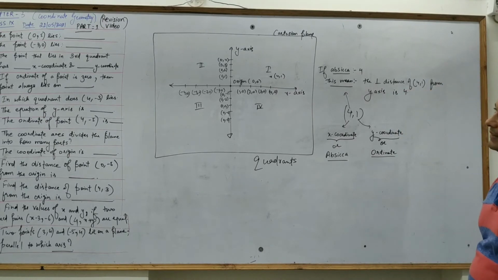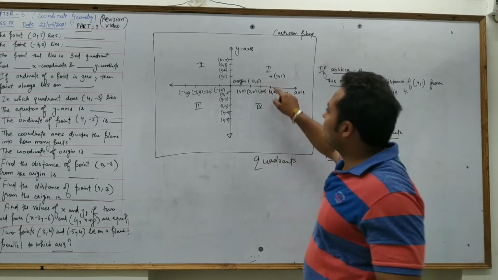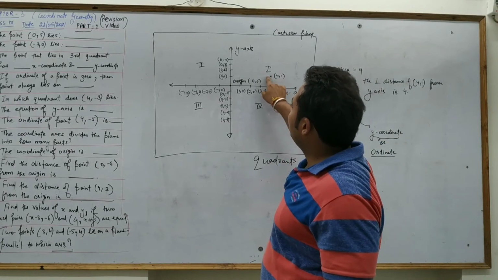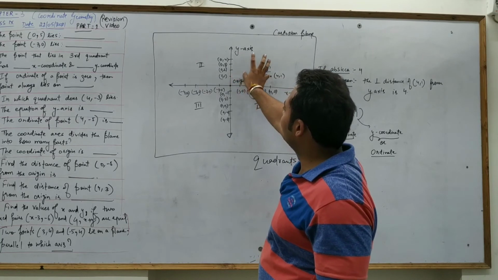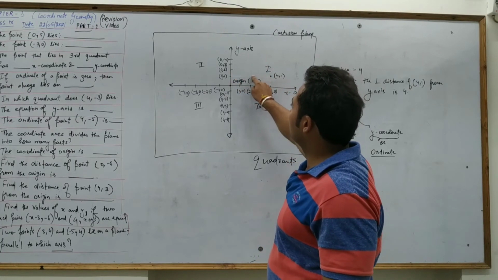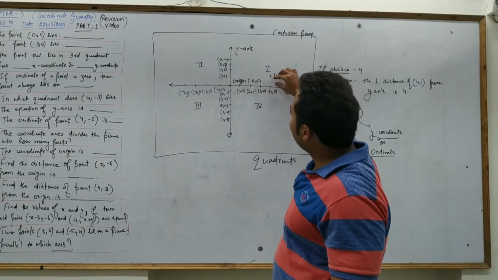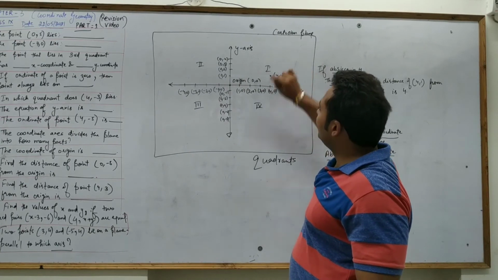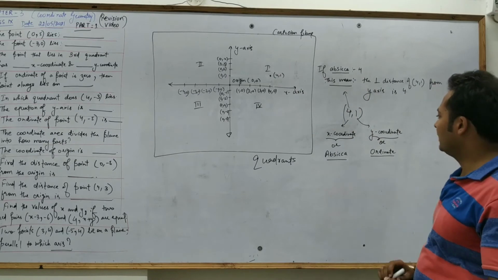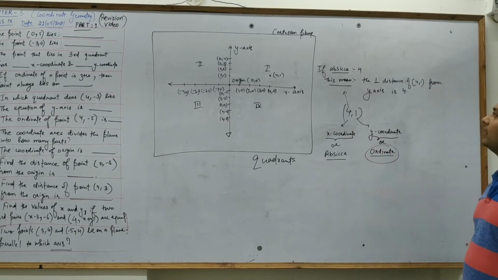Here you can see on the graph, this (4, 1) has its perpendicular distance from the y-axis equal to 4, and its perpendicular distance from the x-axis is 1. That is our y coordinate, or we can say our ordinate.